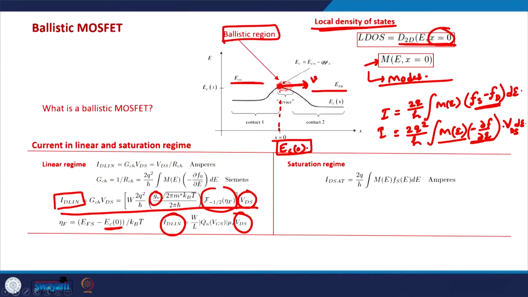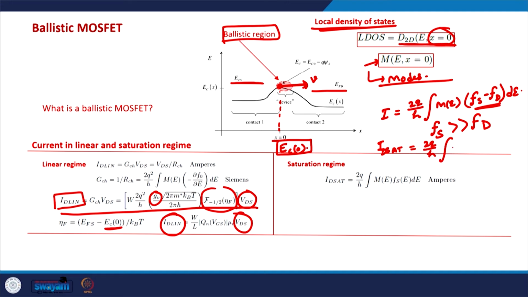In the saturation regime, starting with this expression, the applied voltage is relatively large, which gives us Fs greater than Fd, which means that now the current in the saturation regime, ID sat, can be written as 2q by h integral of M(E) Fs(E) dE.